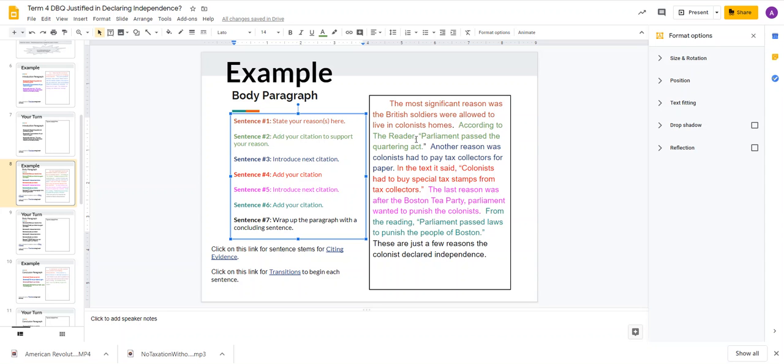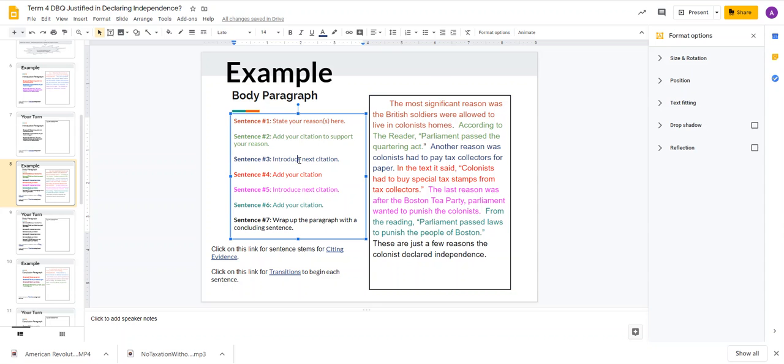According to the reader, there is my transition. And now I put my quote. Remember, quotes always have a quotation mark. Put the quotation mark first. My citation is "Parliament passed the Quartering Act." That is my citation, period, and quotation mark.